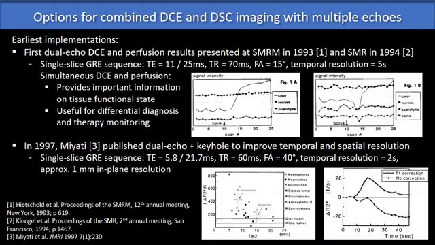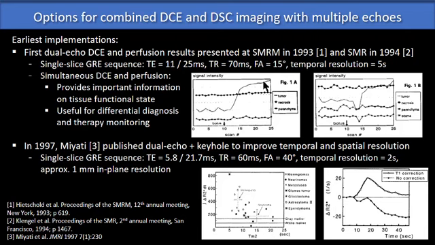The earliest implementations were two abstracts presented at MRI meetings in the early 90s. Scanner technology was not what it is now, so these are single slice methods, and these are also single line readouts. Even so, they were able to get a pretty good trade-off between their temporal resolution and their other scan parameters.